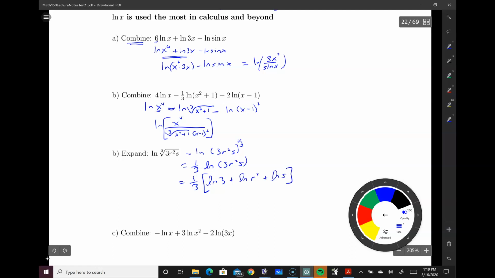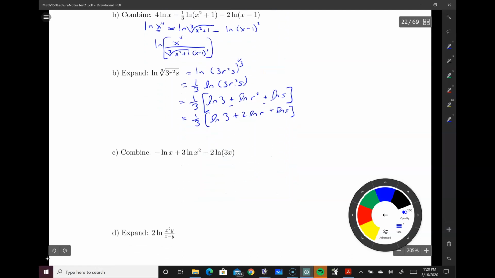So since they're multiplied, they turn into addition. And then if I wanted to, again, you'll have an idea of why you're doing this as you're moving through problems, you can pull that exponent 2 down in the front. There you go.